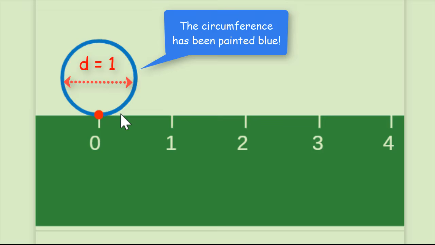Now I'm going to roll my circle along this number line and see where the blue paint ends, and that will tell me what my circumference is. And once I know my circumference, I want to know the relationship between the diameter of my circle and the circumference of my circle. All right, so I know my diameter is 1.